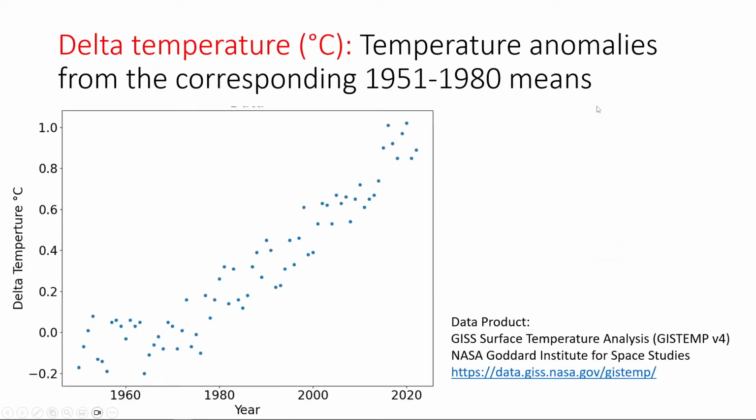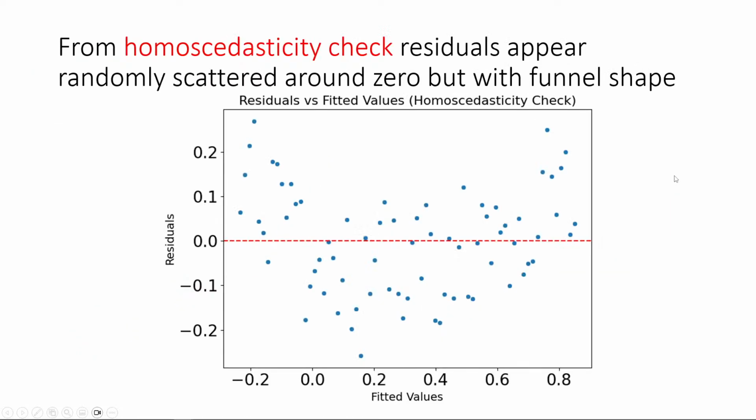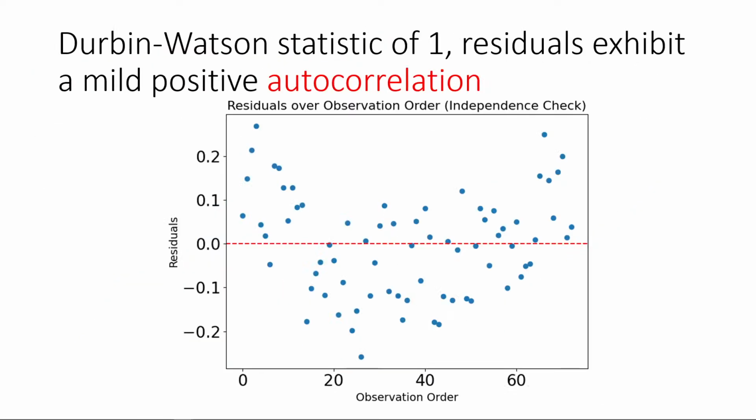So the linearity check is maybe not so good. The homoscedasticity check seems okay. The normality check seems okay. The last one is autocorrelation, and for this one we got a Durbin-Watson statistic of one, the residuals exhibiting a mild positive autocorrelation.